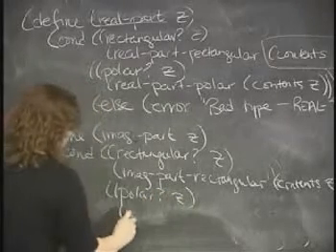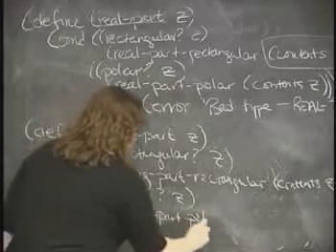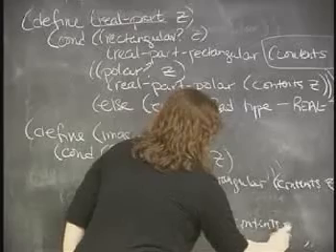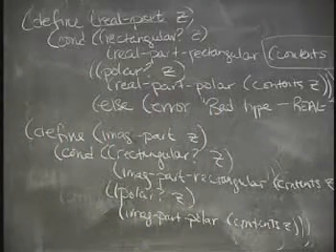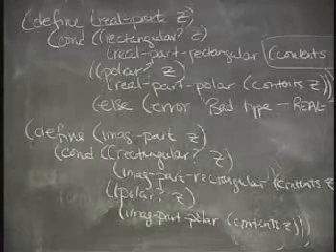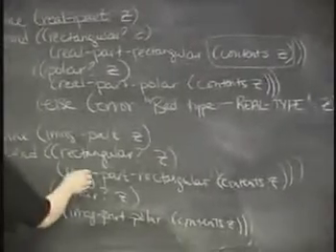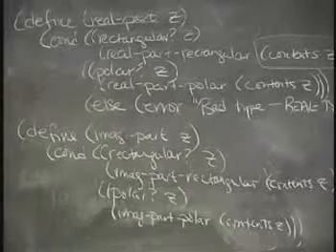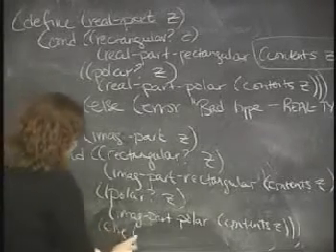And if we do, then we call imag part polar on the contents. When we start building systems like this, this is a good time when you start having some sort of consistent naming of your procedures, because it makes it easier for us to write it. I don't have to go back and look and say, what the heck did I call this procedure? Because I know that I'm calling it what I want and then the representation. It's making it easier for me to write the code. It'll make it easier for the code to be read, too. And then else will error.